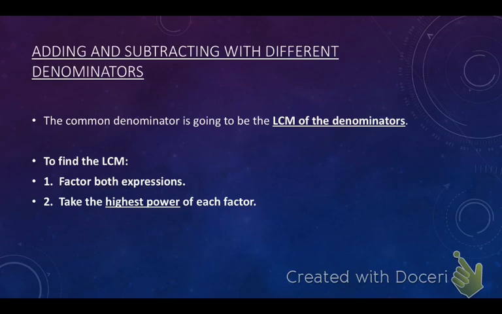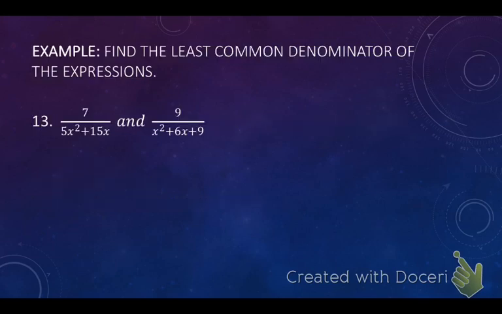So the only thing I ever have to really factor is the denominator of each fraction or of each rational expression. Like in this case, if I have 7 over 5x squared plus 15x, and I have 9 over x squared plus 6x plus 9.